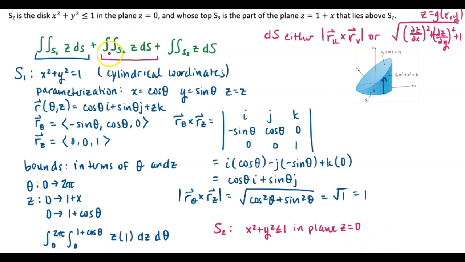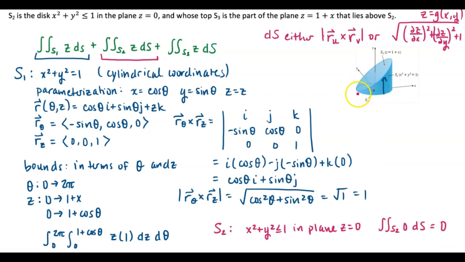Because I have this double integral over this surface, x squared plus y squared less than or equal to 1. However, this function inside of the integral is just 0. So no matter what we have for this surface, if z is always just equal to 0, then whatever we get, this integral is just going to be equal to 0.